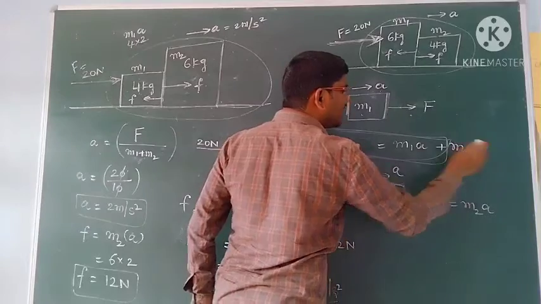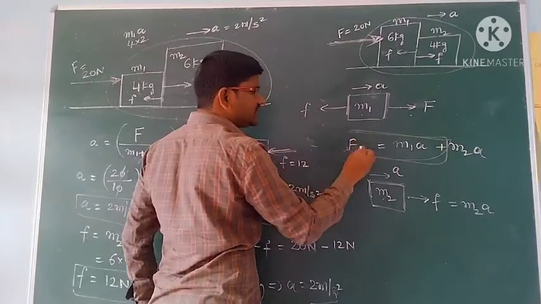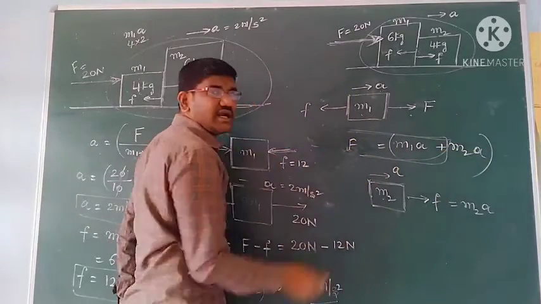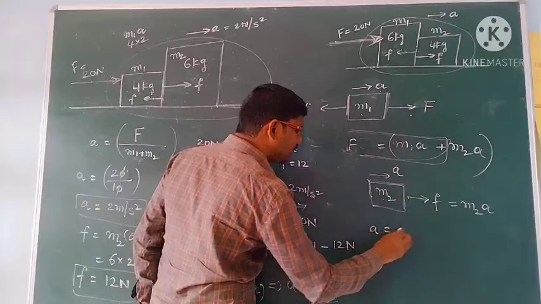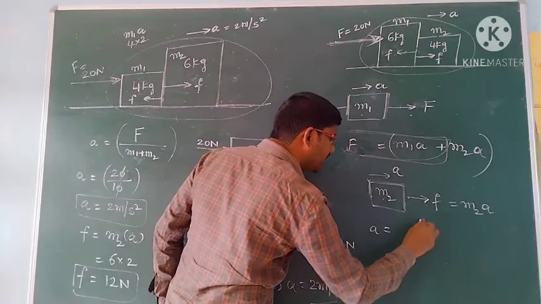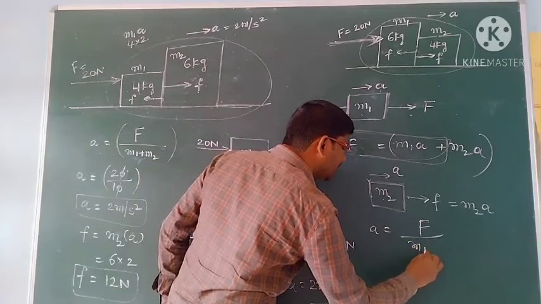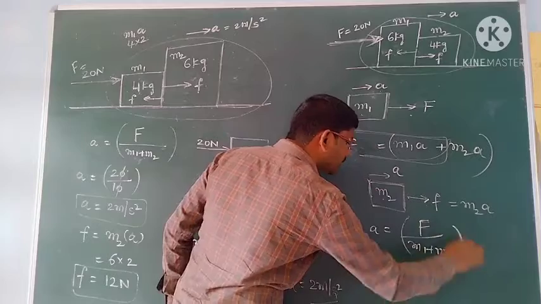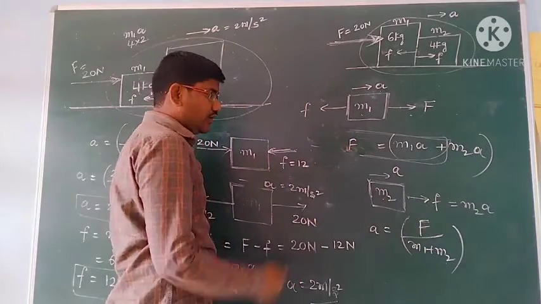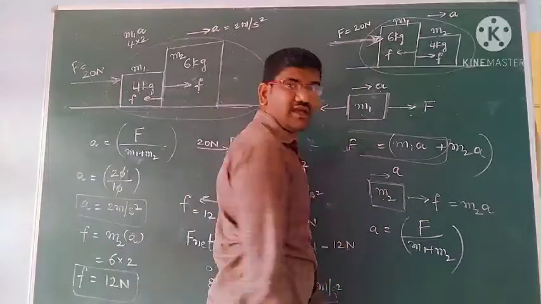I already told you this derivation yesterday. Then F is equal to M1 plus M2 times A, so A is equal to F by M1 plus M2.